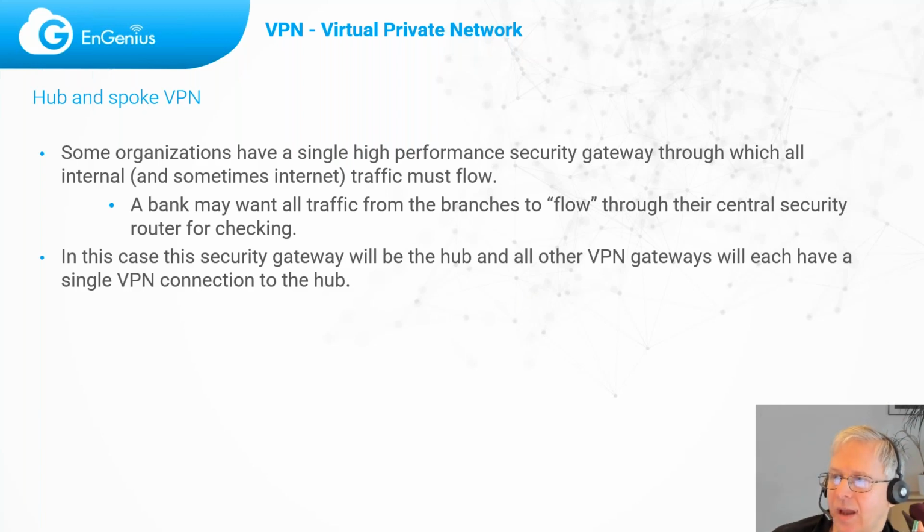So only the hub will have multiple connections, and all the other sites will have a single VPN connection. And if they need to connect from one branch office to another branch office, they will need to do so through the hub to the main site.